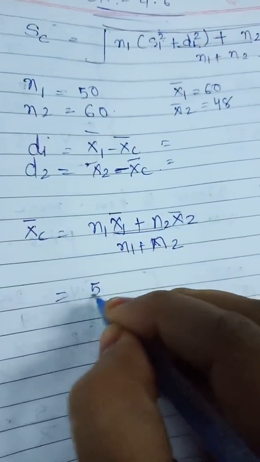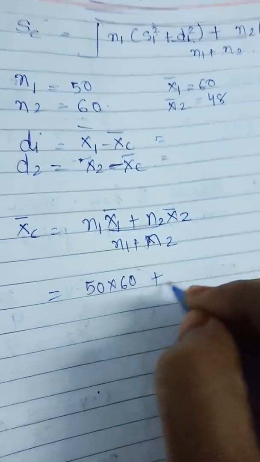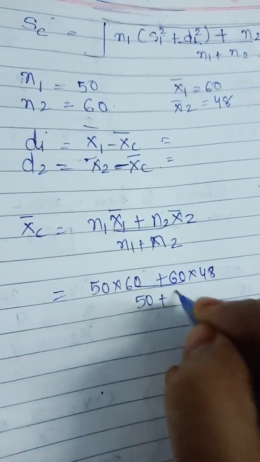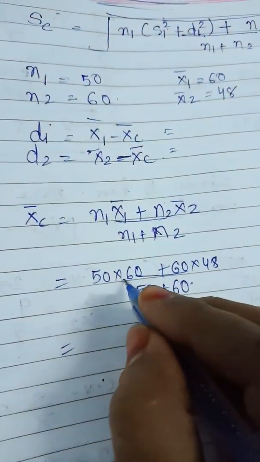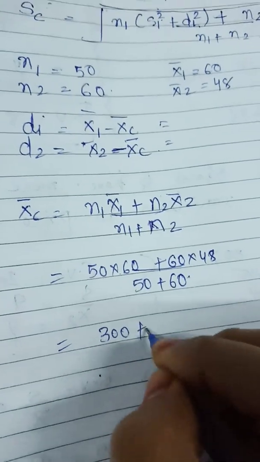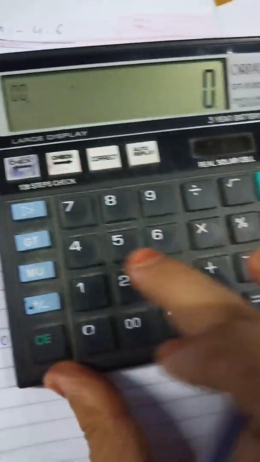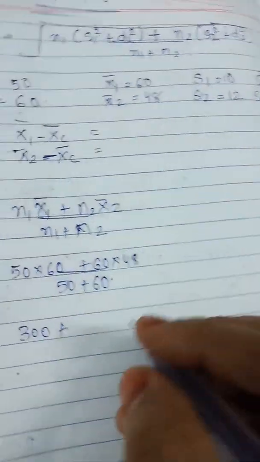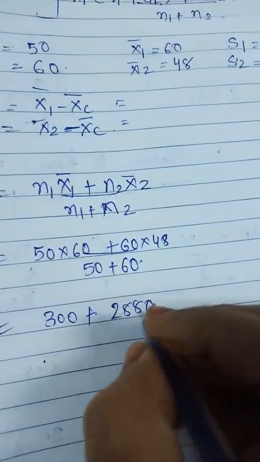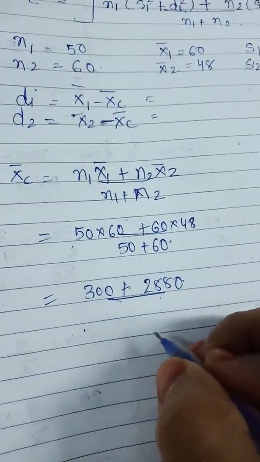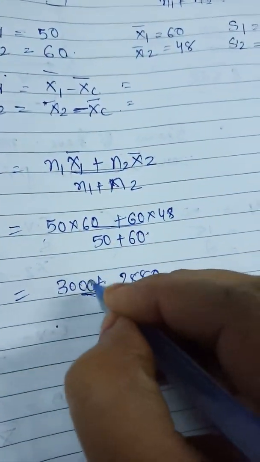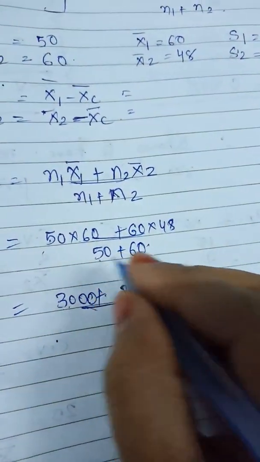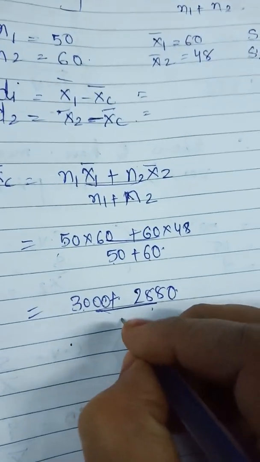So 50 into 60 plus 60 into 48 divided by 50 plus 60. 5 6s are 30, so 3000, plus 6 8s are 48, 48 into 6 is 288, that is 2880. Sorry, here a 0 was remaining, 3000. Now 50 plus 60 is 110.